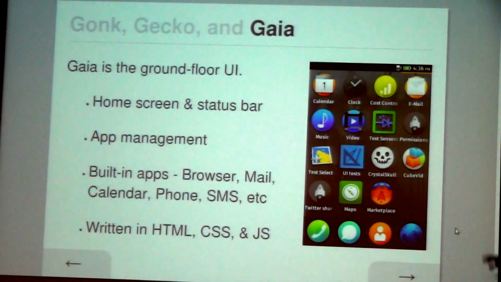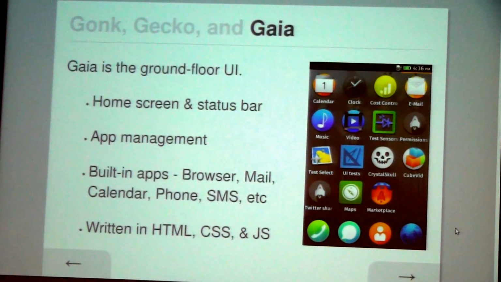This is the first thing I can actually show with a screenshot, where graphics actually start to get drawn. And this is Gaia. Once you've got the Linux layer running, you've got Gecko running, Gaia is the first thing that boots up. And like I said, Gaia is basically just a web page, but that means quite a lot these days.